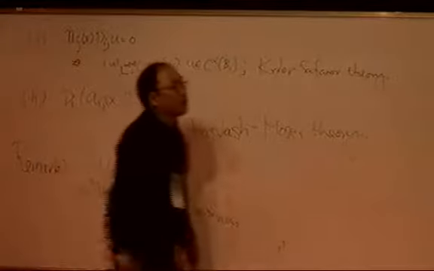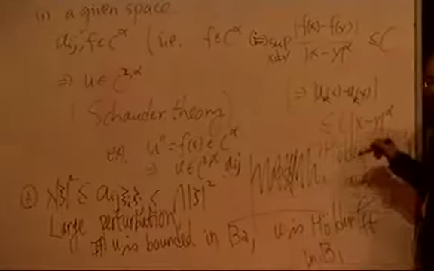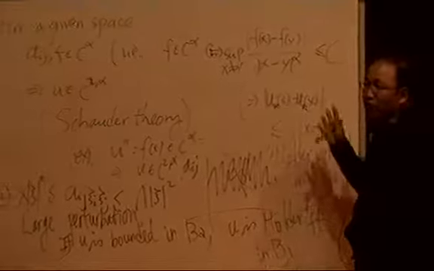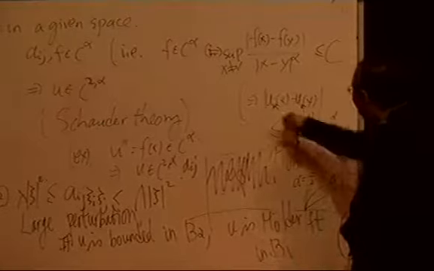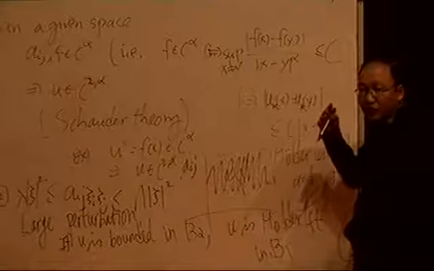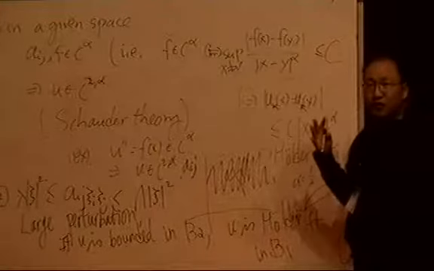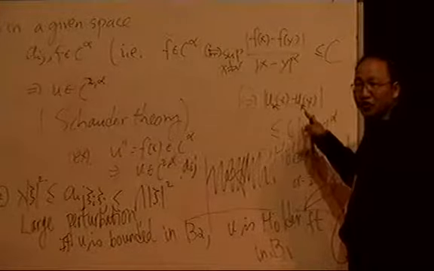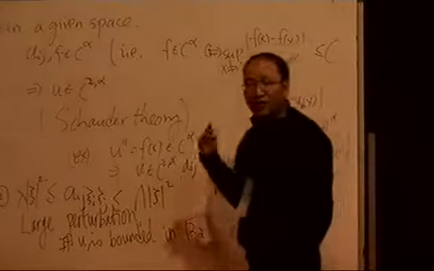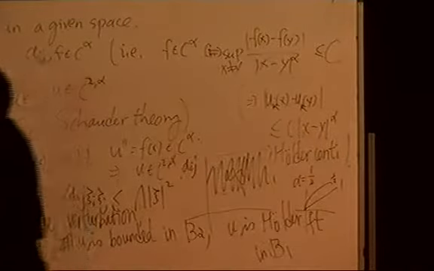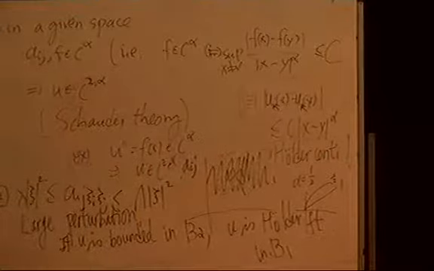Because if U sub k satisfies this condition and is uniformly bounded, then this implies the sequence of U sub k will be equicontinuous. So then you can apply the Arzela-Ascoli theorem, and you can extract a convergent subsequence to a certain limit.